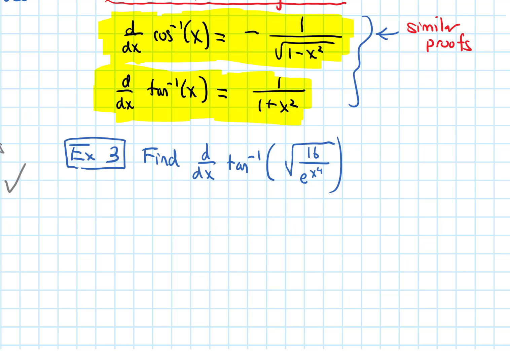Okay, so I see an outside function here, tangent inverse, and I see something plugged into it, this square root of this whole thing. So this is looking like chain rule. The chain rule says take the derivative of the outside function first. And the derivative of tangent inverse, I see it up here.